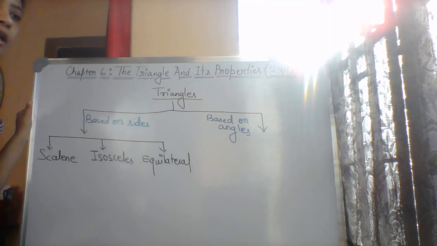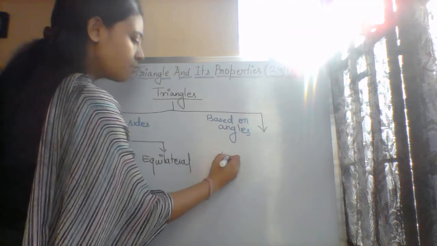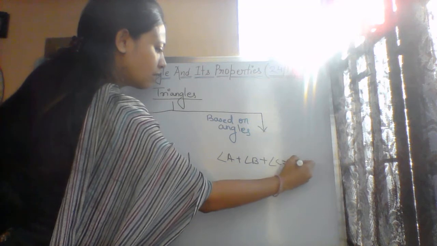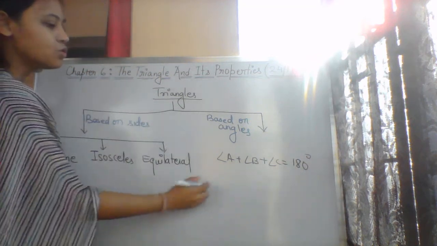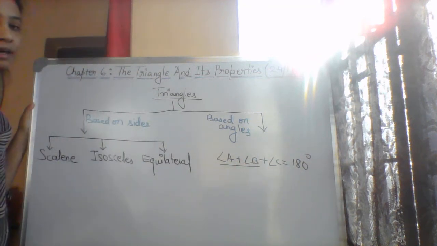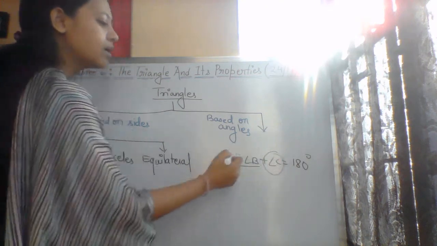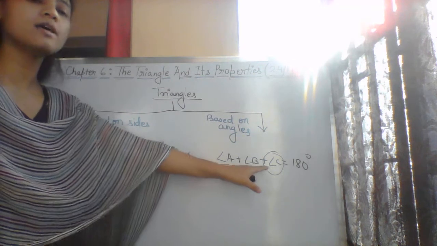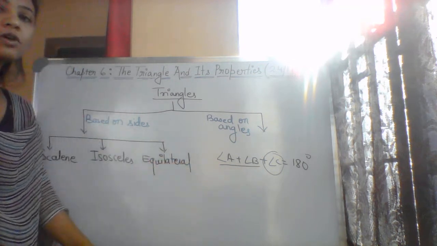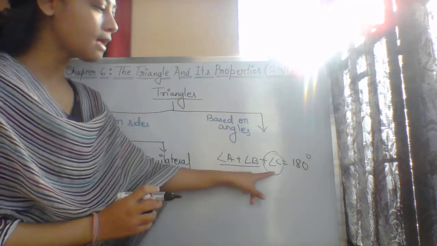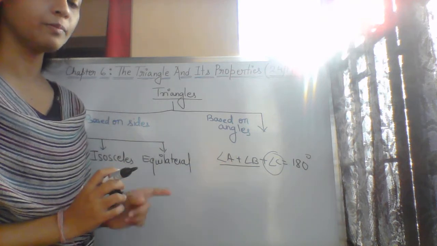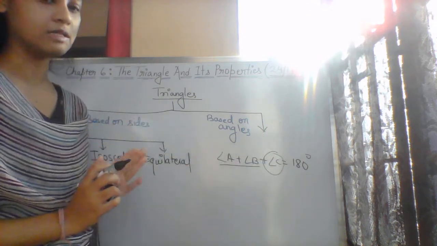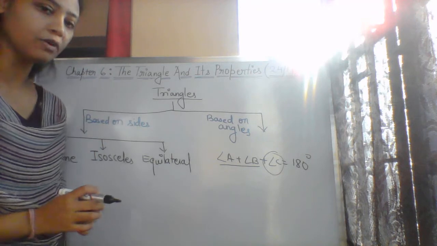You may prove it in another way. We know the sum of all angles of a triangle, angle A, angle B, angle C, equals 180 degrees. This property you are also going to learn. If we add them, we must always get 180 degrees. This is the angle sum property of a triangle.